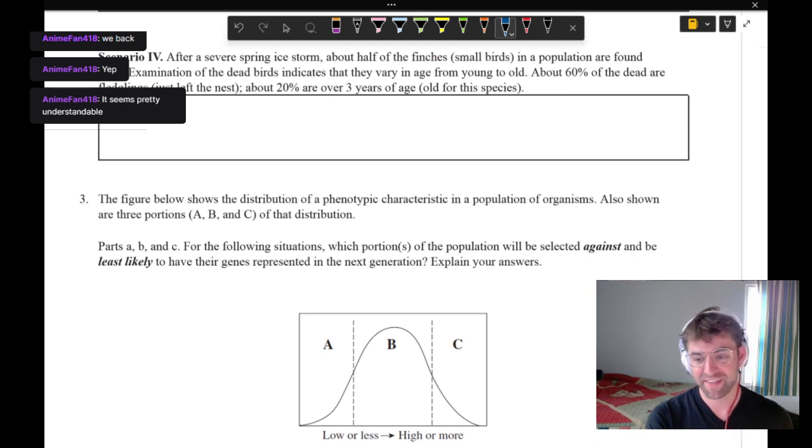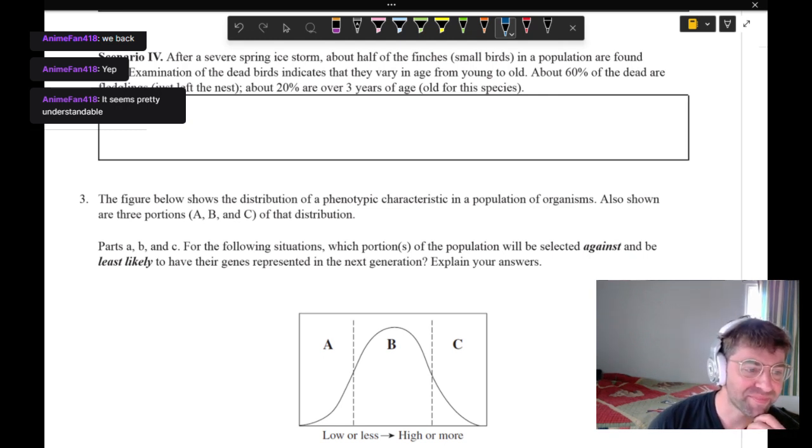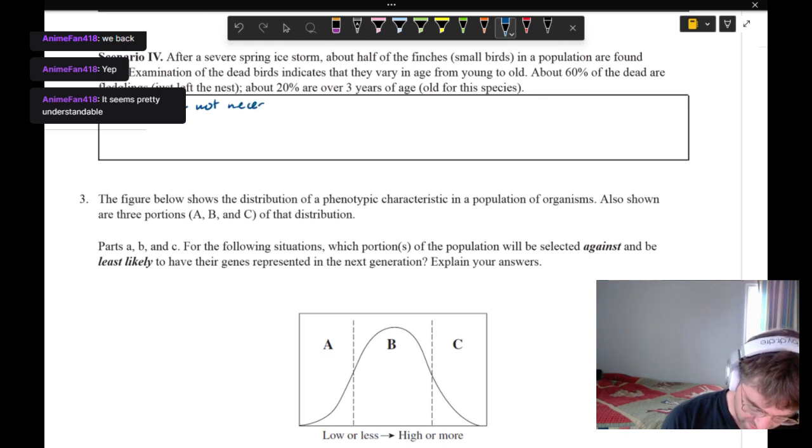And so that isn't really a trait that can be selected for or against in a heritable sense, right? These characteristics are not based on genetic differences in these individuals compared to the rest of the population that survived. So age is not necessarily a heritable trait being selected against.